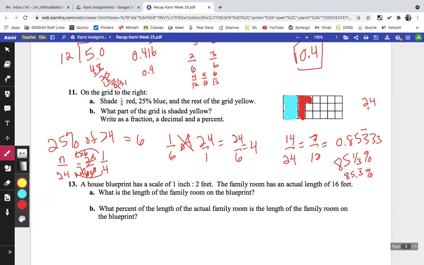So I'm going to find my error. And this is a really good example of how you catch errors. You think about it and you just think, does this seem like 85.33%? And maybe, but I'm going to double check it by actually doing the 7 divided by 12.